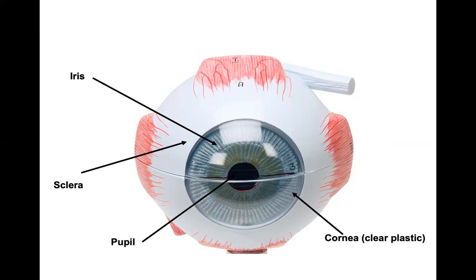Now, the outer layer of the eye is the protective layer made up of the sclera, which is the white of the eye. Then you have this shiny covering right on top of that, which is the continuation of the sclera, and that's called the cornea. Underneath the cornea, you can visualize your iris, which is the colored portion of the eye. At the center of the iris, you have an opening called the pupil.